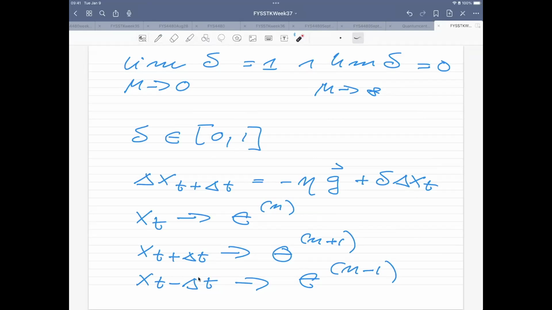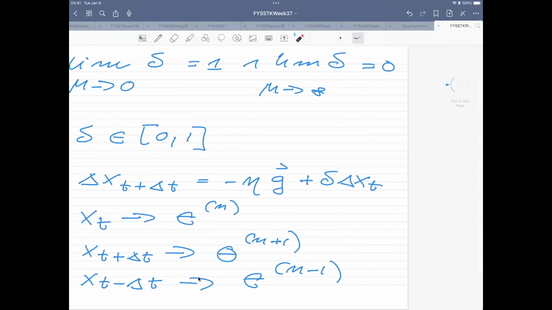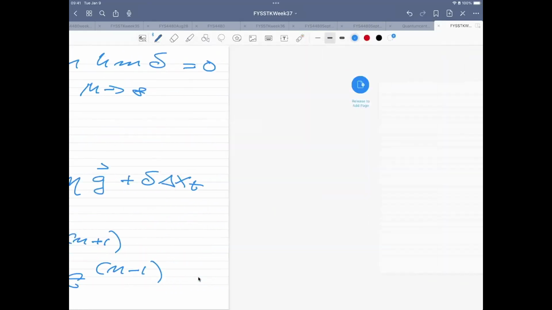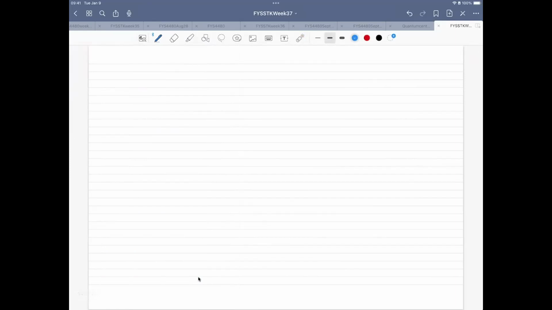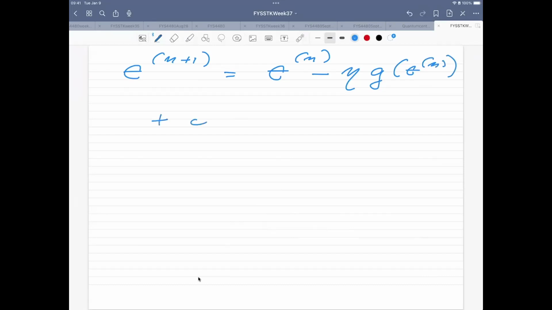So the way you would implement this is as follows. If you take what we have here, and we simply replace these x's with theta of n plus 1, as we had in the old Newton methods, we have theta of n minus eta times g of theta of n, the gradient evaluated there, plus this parameter delta times theta of n minus theta of n minus 1.